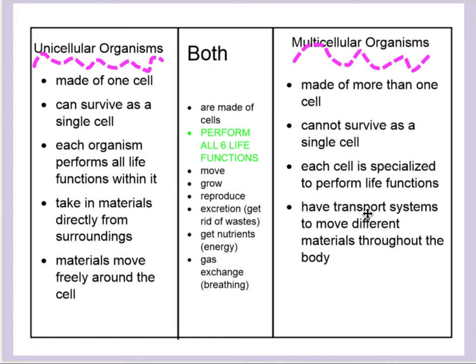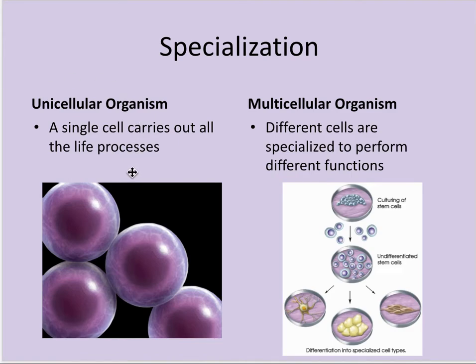That's what this is talking about. We're multicellular because we have different specialized parts of our body that do our different jobs, where a one-celled organism does everything all there in one. So, like we said, a single cell can do all those life processes alone, and multicellular has different specialized cells that do different things.